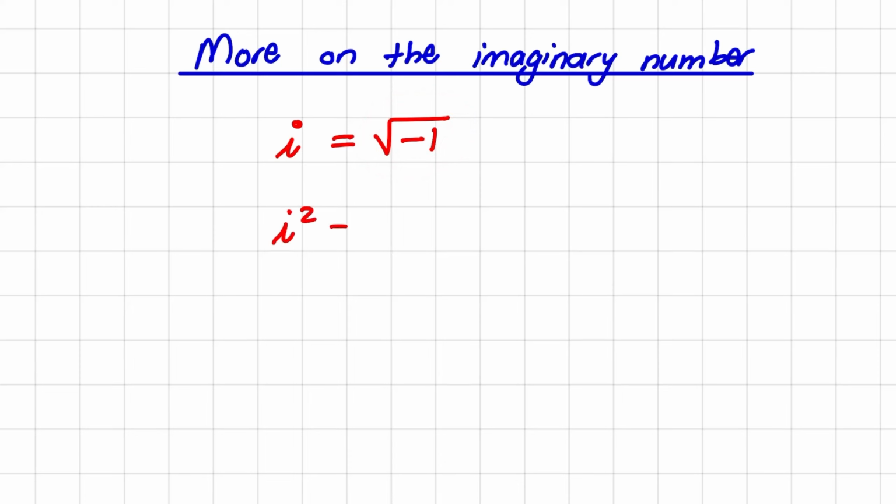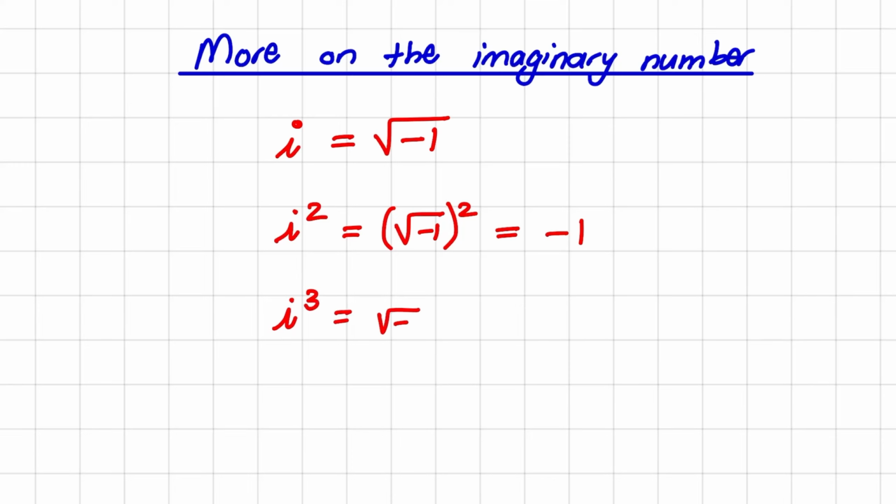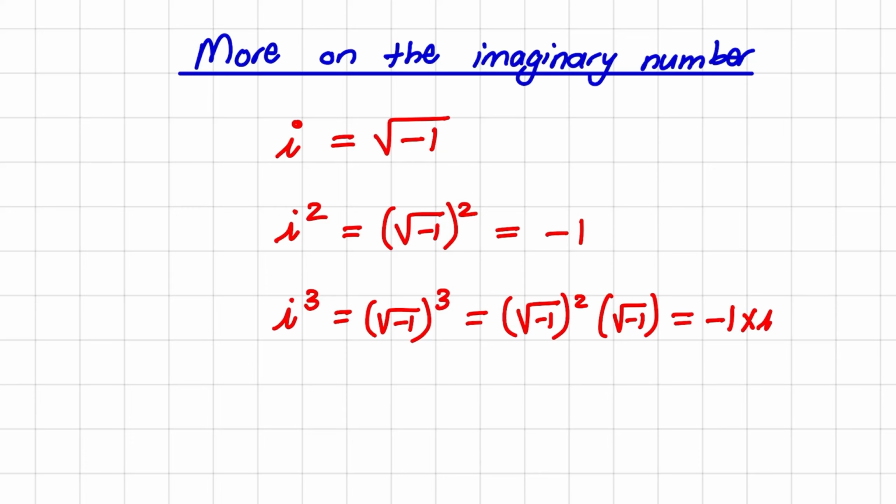So i squared would be the square root of -1 squared, and that simply is equal to -1. Now if I take the cube of i, I have the square root of -1 cubed, which is equal to the square root of -1 squared times the square root of -1, which is equal to -1 times i, or simply -i.